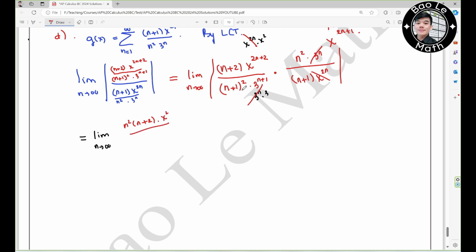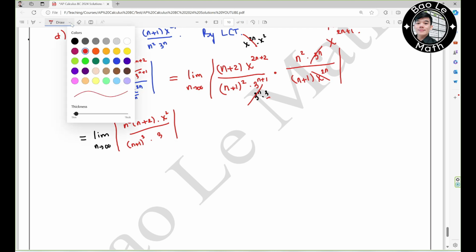Over the bottom, it should be (n plus 1) squared times (n plus 1), so it could be (n plus 1) cubed, times 3 right here. Don't forget to put the absolute value right here.